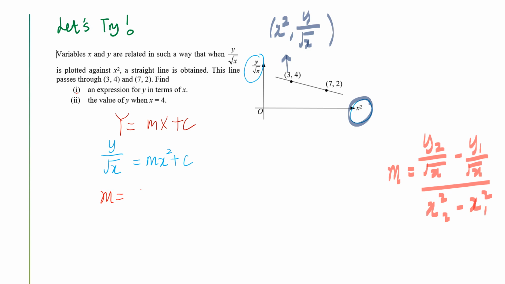We don't have to write down this formula, it's rather confusing. You just remember that to find the gradient, you just take 4 minus 2 over 3 minus 7. That gives you negative half. So that substitute into your straight line equation.